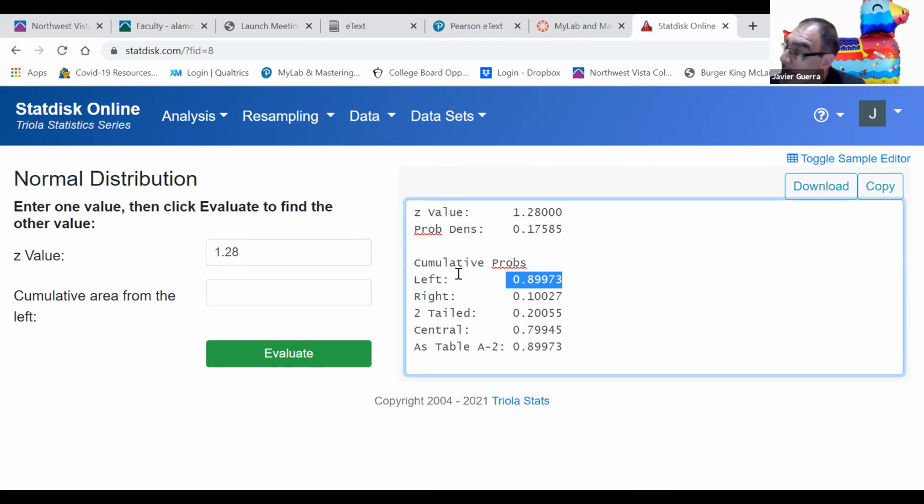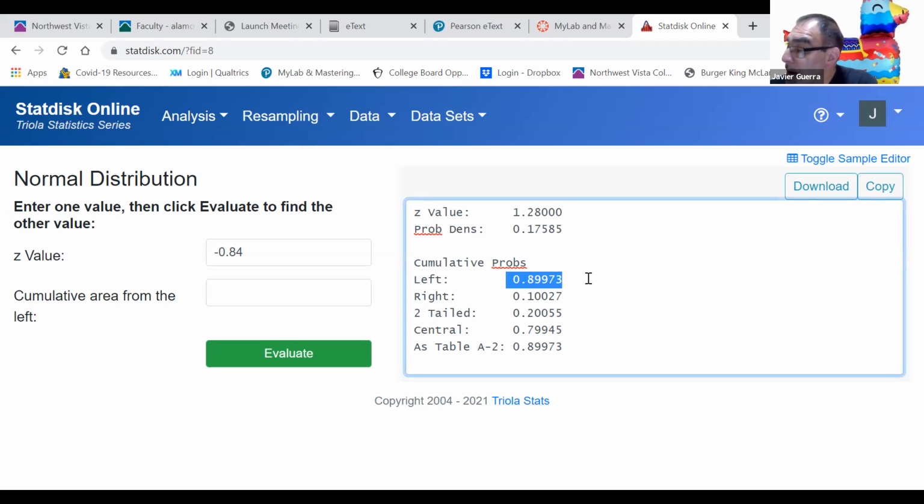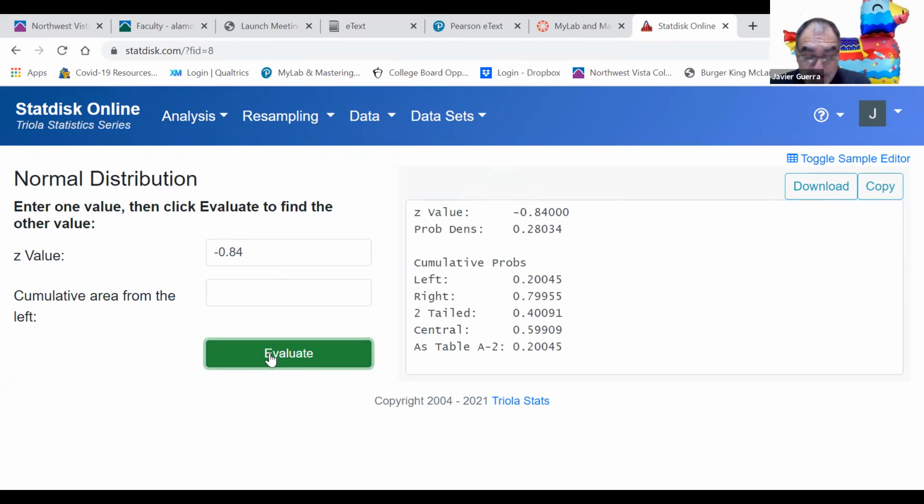Now I'm going to put the negative 0.84. Huh. It came out to the same answer, 0.8997. What did I do wrong? Oh, yes, that's correct. I didn't hit evaluate. Duh. I forgot to hit evaluate. All right, left.